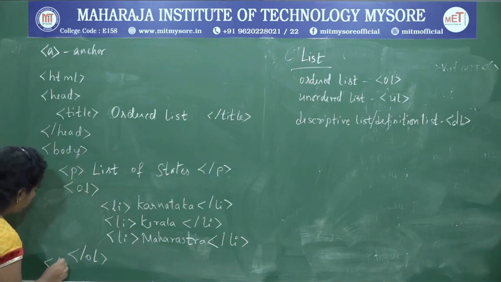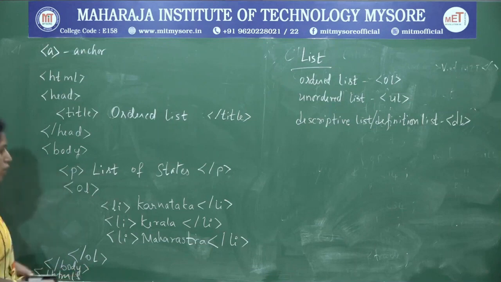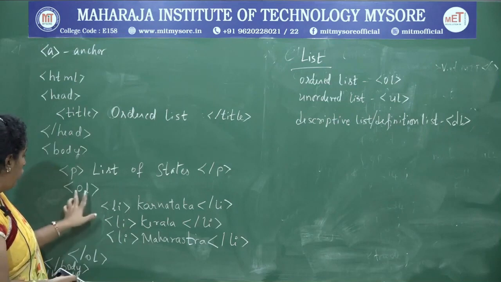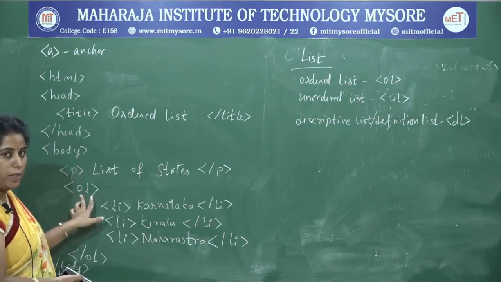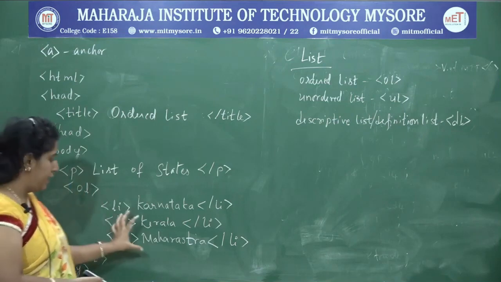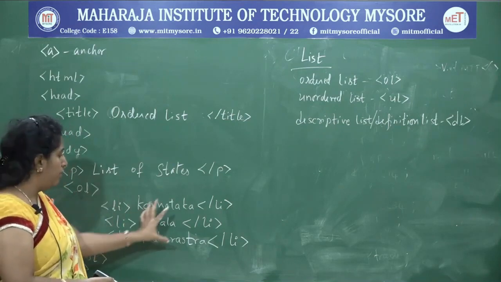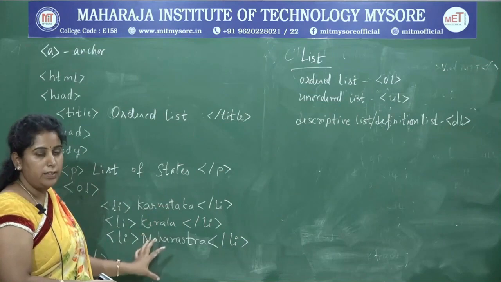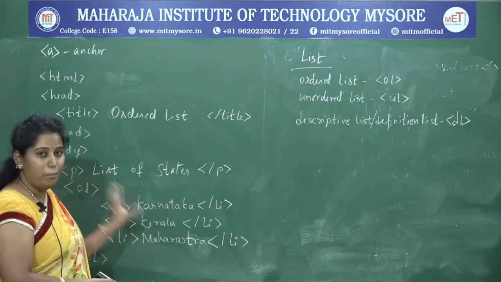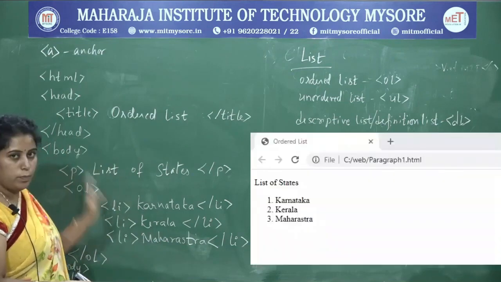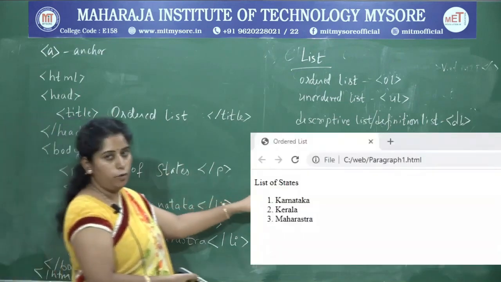Finally close the body. Also close the HTML part. Since you have used an ordered list, by default this list will be ordered in numbers. Finally when you run this program, you can look into the output.